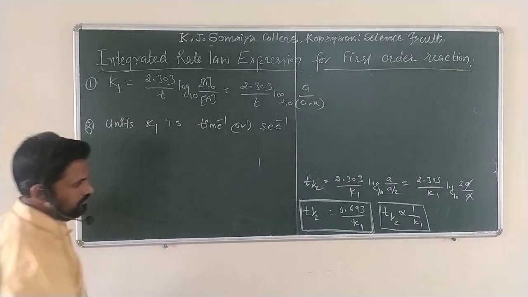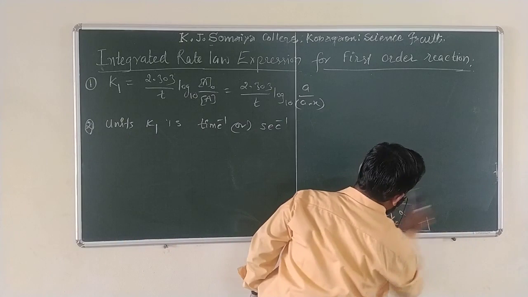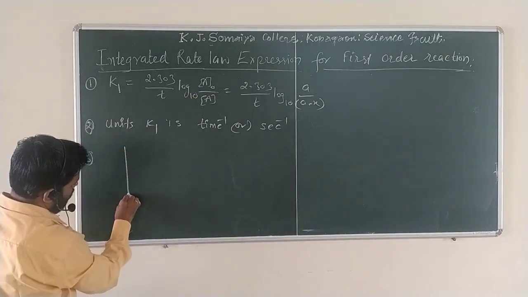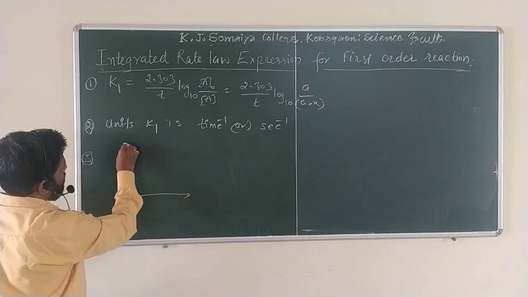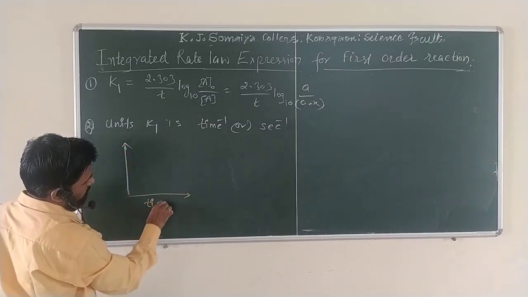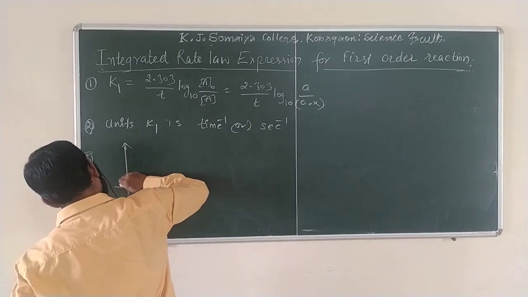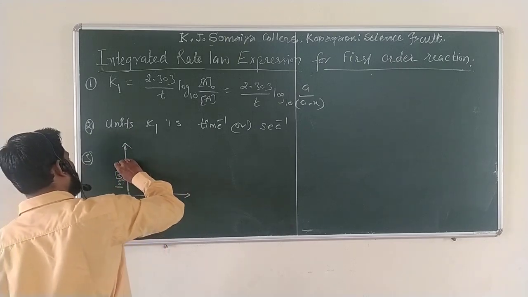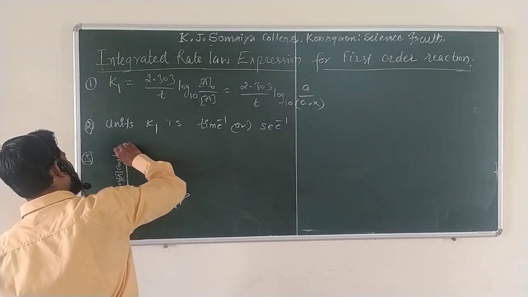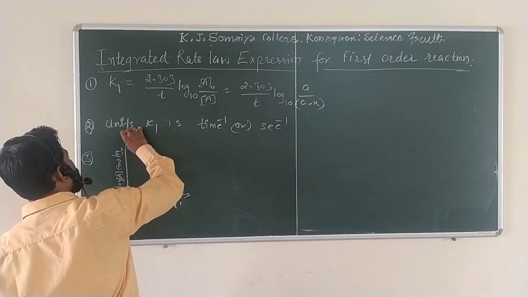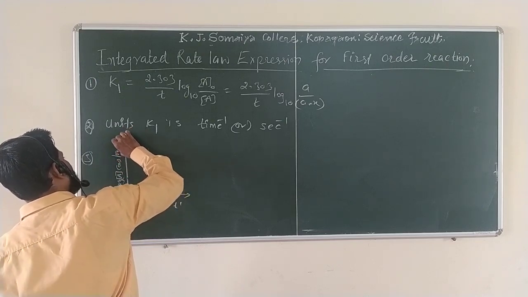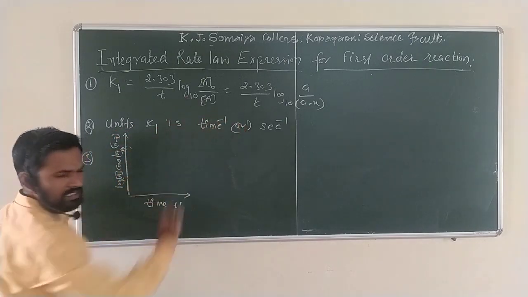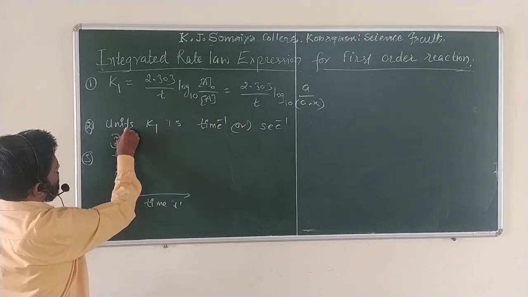And the third one is the graphical representation. The plot of time T versus log A, that is log 10 of concentration A minus X, with log A0 on the y-axis.